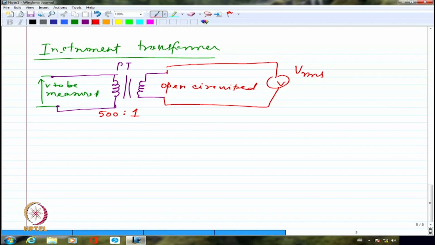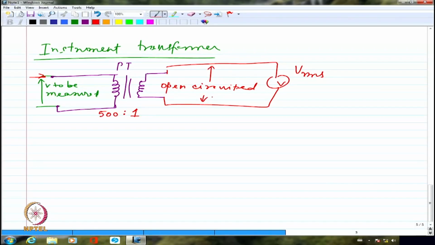But in the process, I should not be drawing excessively large current from the supply. I cannot do that. That is the reason why I am keeping this as open circuit. Keeping this as open circuit ensures that only whatever is the voltmeter impedance is transferred over to the other side, of course, with the turns ratio. So it is going to be really a large impedance.